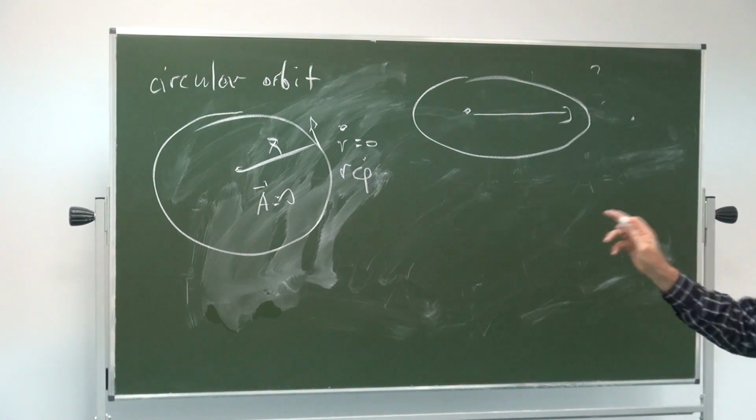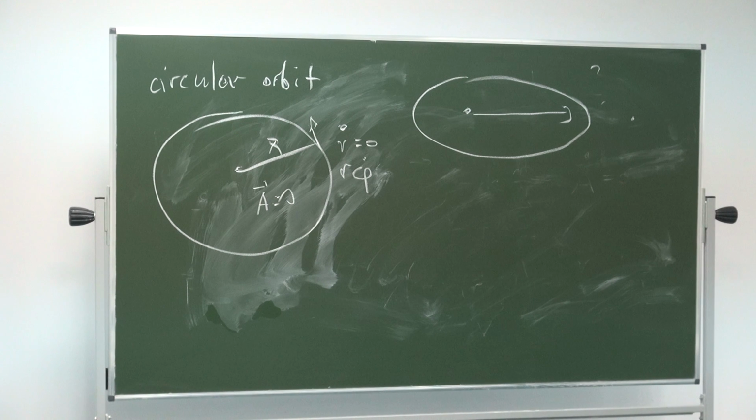So, there is something special about the 1 over r potential, namely that there are closed orbits. Yeah? And this speciality is somehow hidden in the properties of the Runge-Lenz vector.